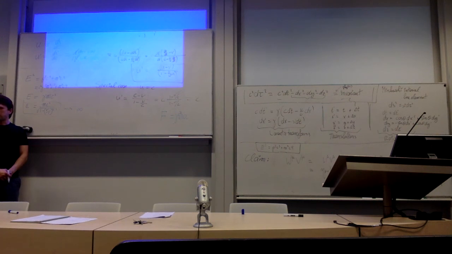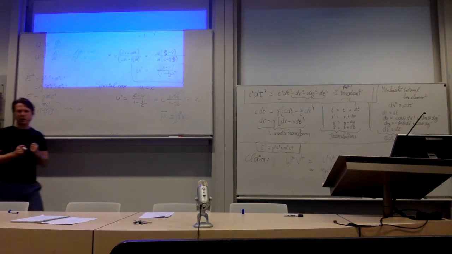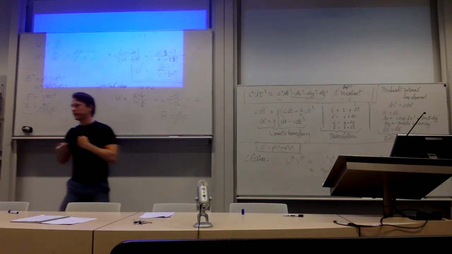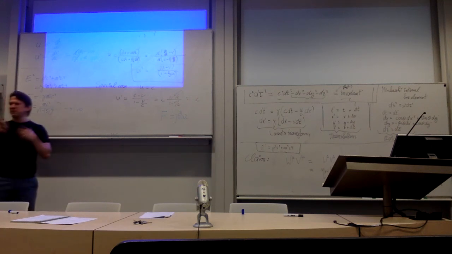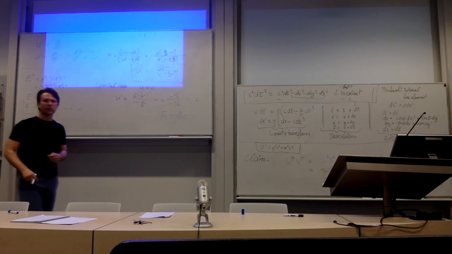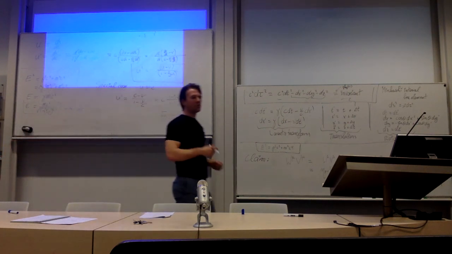But wait, what about we just move to some other observer? I'm not looking at chi, some other guy is looking at chi, and maybe in that guy's system it takes less than an infinite amount of energy. In my frame it takes an infinite amount. Can I move myself in such a way that in my new frame chi's energy is not going to be infinite? The answer is no, but why?